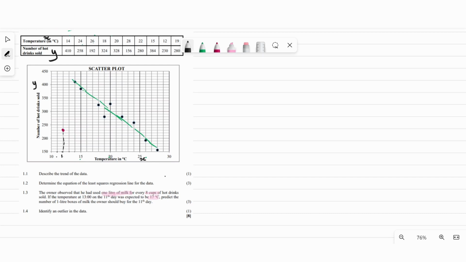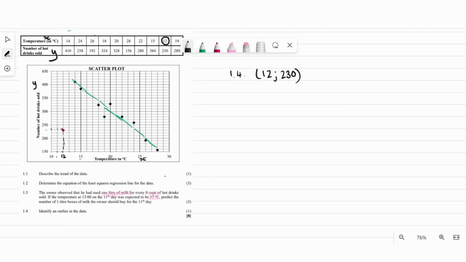So this is 12, right? And here, you don't even need to check how much it is. We go to the data, we check where 12 is, and 12 is matched with 330. So for 1.4, our outlier coordinate is 12, 230, and that's the point of the outlier.